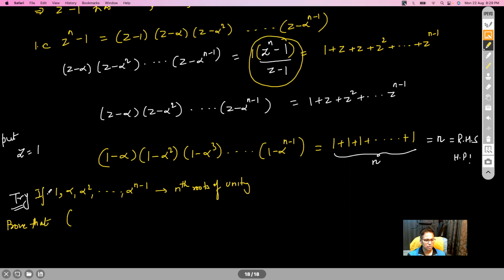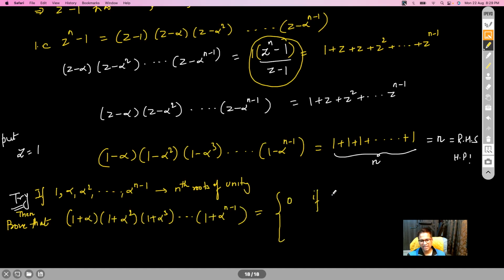So if these are nth roots of unity, then prove that 1 plus alpha, 1 plus alpha square, 1 plus alpha cube, and so on, the product till 1 plus alpha to the power n minus 1, this value is 0 when n is even. My bad. And 1 if n is odd.